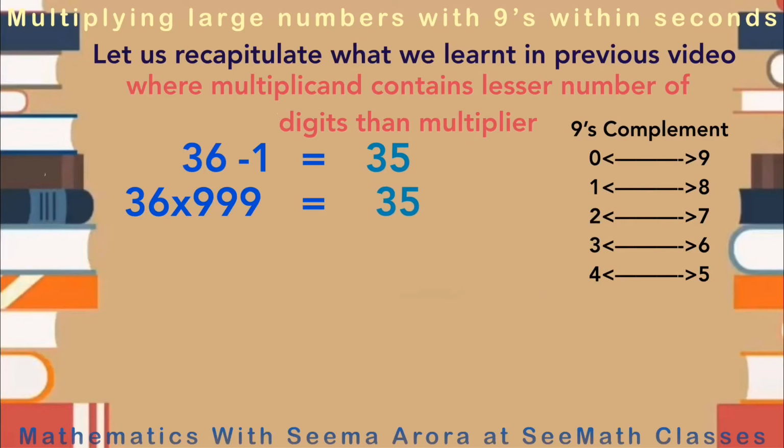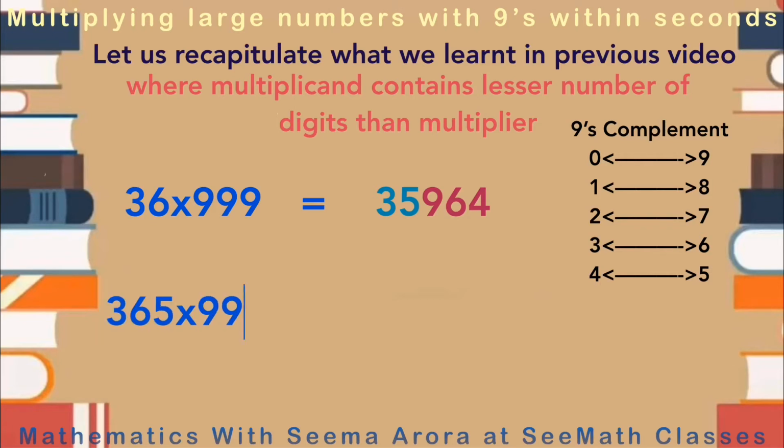As the number of digits in 35 is 2 and the number of digits in 999 is 3, we think of 35 as 035 in our mind and find the 9's complement of each digit. What we get is 964. So the answer is 35964. Let us take one more example with a bigger number, that is 365 by 9999.